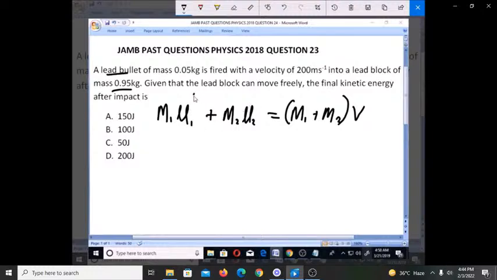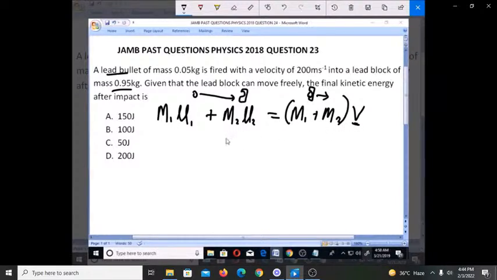This is the bullet, and this is the block. So this bullet goes into this block to form a bullet and a block together, now moving. So this is moving, making this impact to form this. This is the equation that we have. From this equation, we can calculate the final velocity.